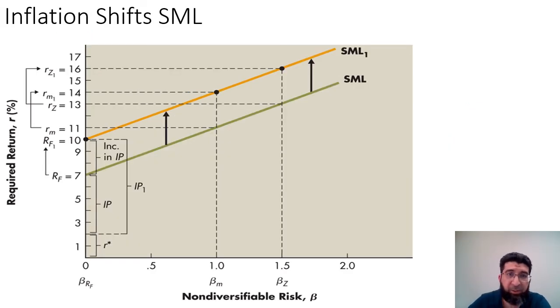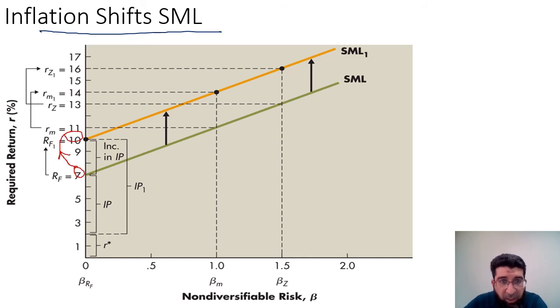Now there is a possibility of inflation shifts in the SML. You can see that if inflation increases and the risk-free rate increases from 7 to 10%, then the entire line will shift upwards. It can also shift downwards if inflation falls.